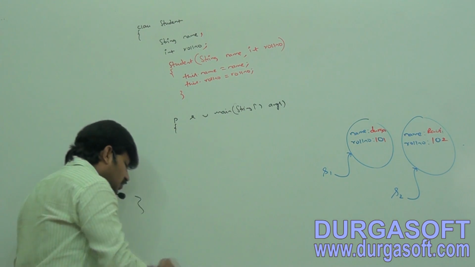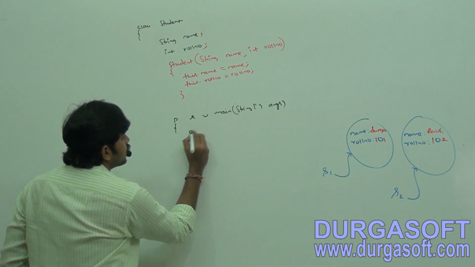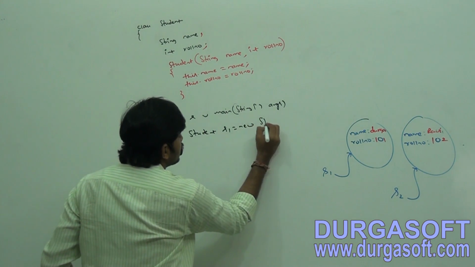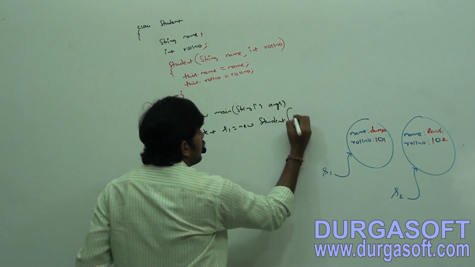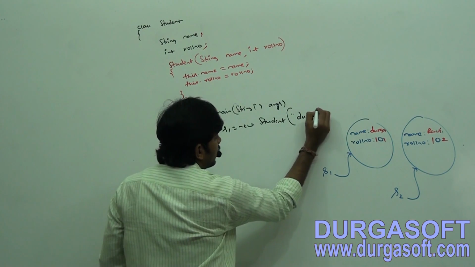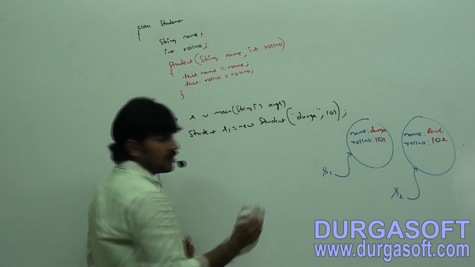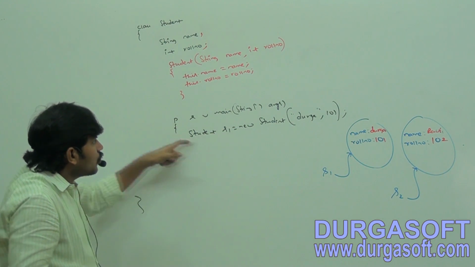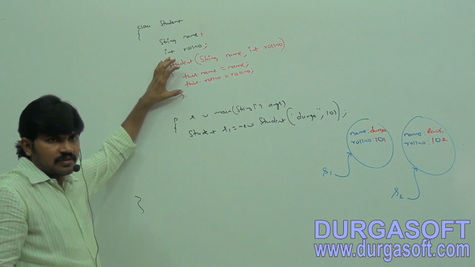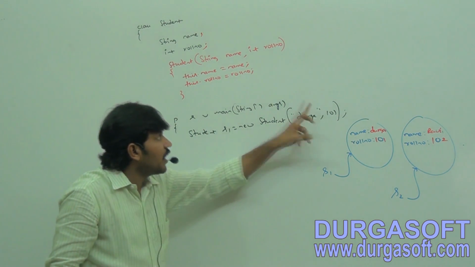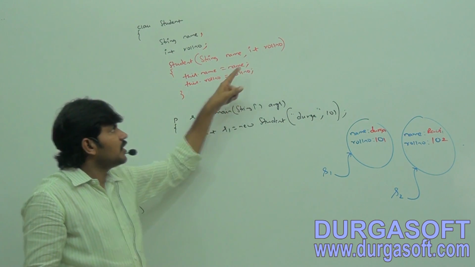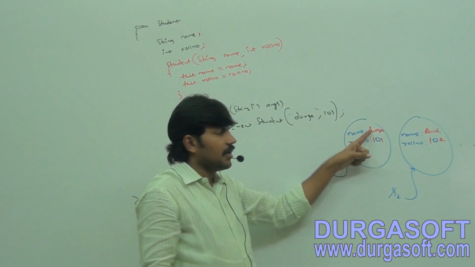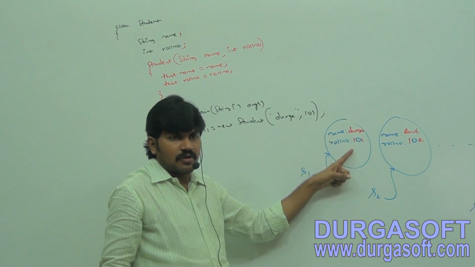Now the first student I want to create. Student s1 = new Student("Durga", 101). Whenever we are creating this object, the constructor will execute automatically. Whatever values you provided will be assigned to the current object. So the first object s1 has name Durga and roll number 101.